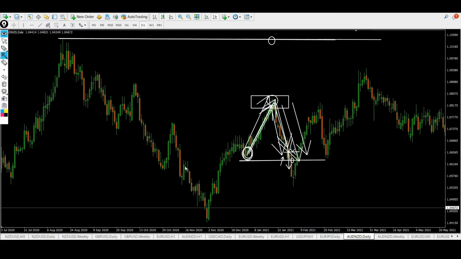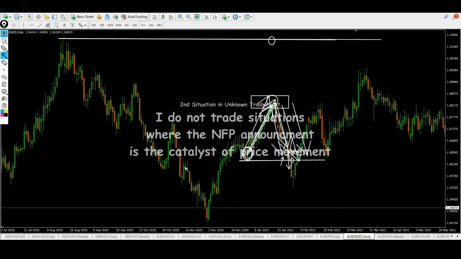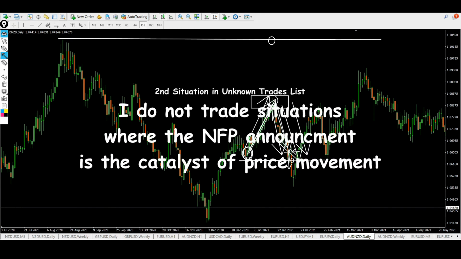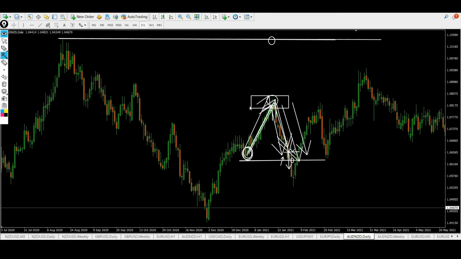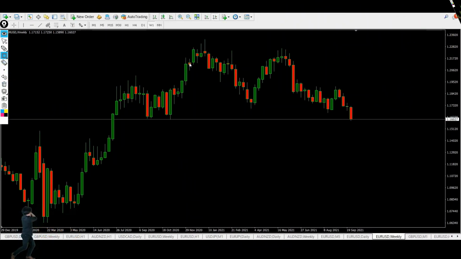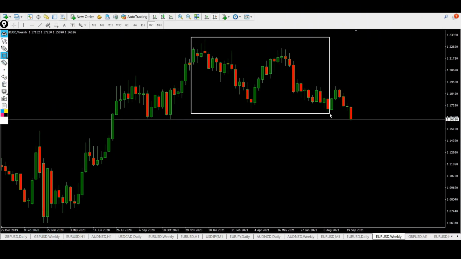Okay, and moreover, like I mentioned earlier, I also do not trade situations where the NFP announcement is the catalyst of price movement. So let me show you this example on the Euro-USD chart. Okay, so on this Euro-USD chart, in this entire area, my bias identifier told me I should be short biased, and thus I was looking for short entries in all these areas.